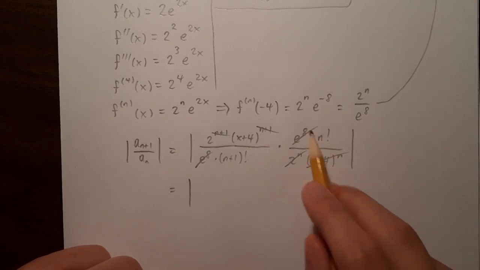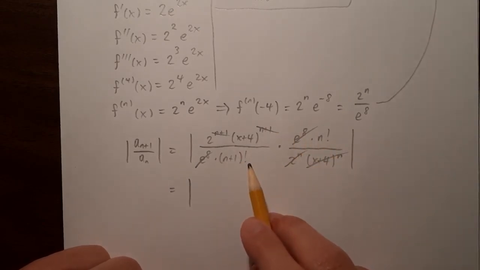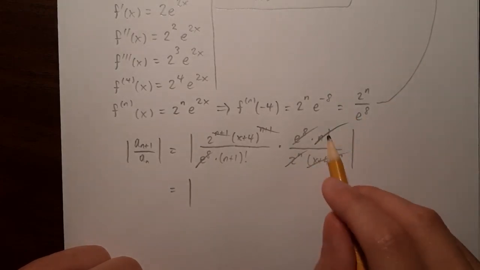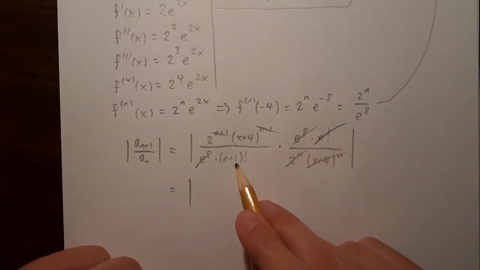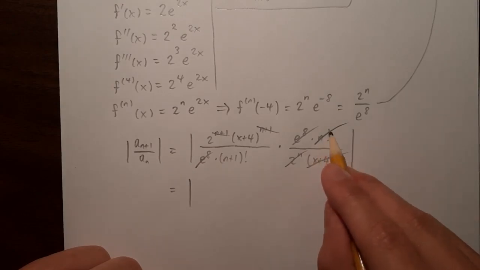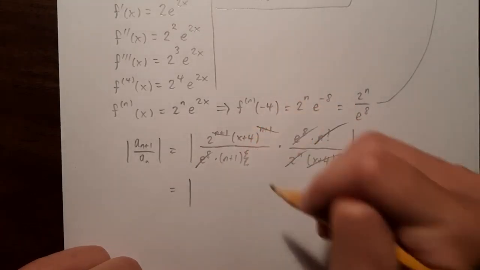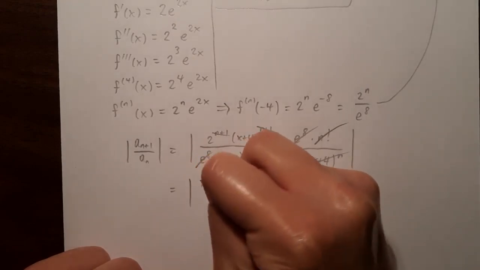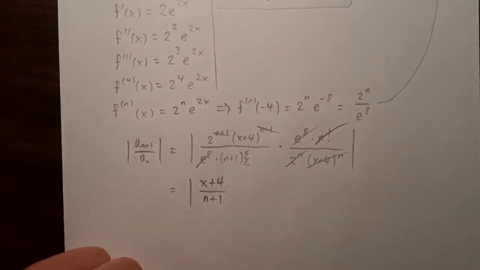I have n factorial up here and (n plus 1) factorial down there, so this n factorial will cancel with all but the single factor of n plus 1 that this (n plus 1) factorial encapsulates. So when all the dust settles, we're just going to have x plus 4 on top divided by n plus 1 on bottom, in absolute values.